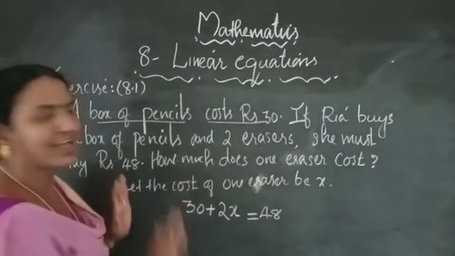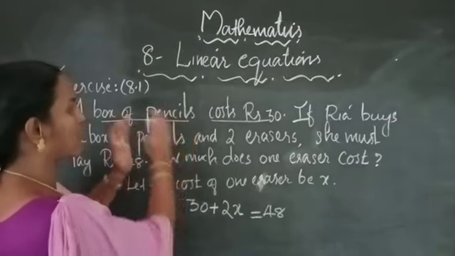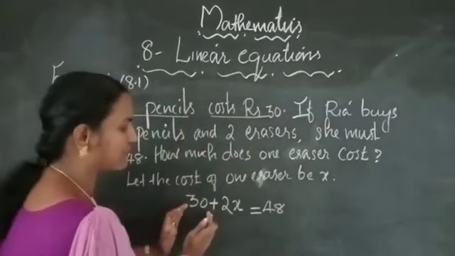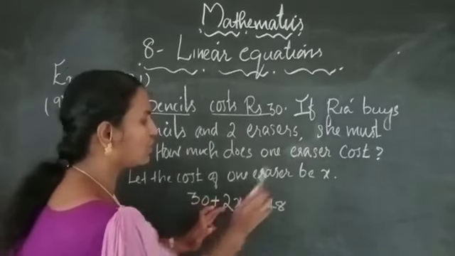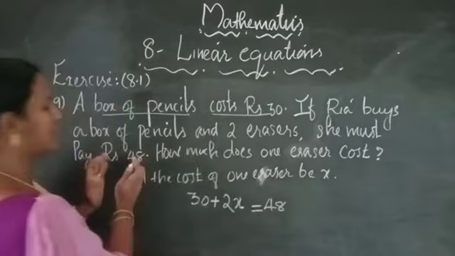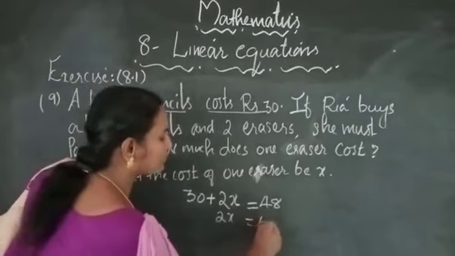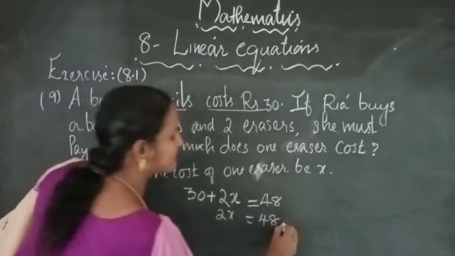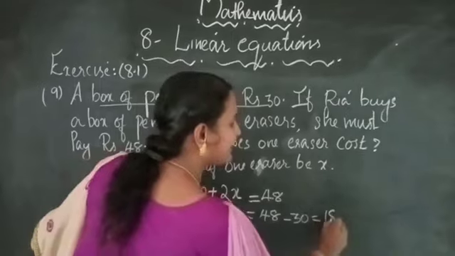First we have to find an algebraic equation. So Riya buys a box of pencils. The cost of one box of pencils is rupees 30. So 30 plus 2 erasers, 2 into x, is equal to 48. So 2x is equal to 48 minus 30, which is 18.